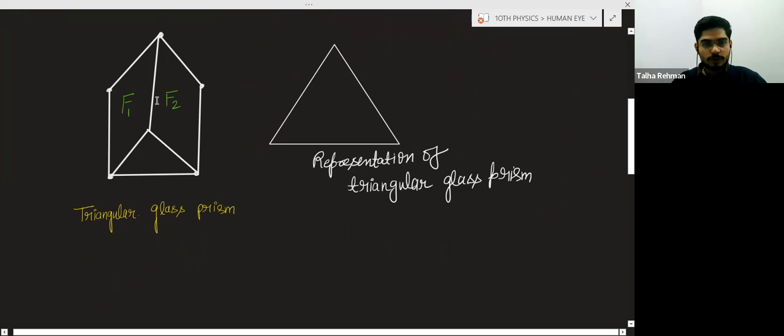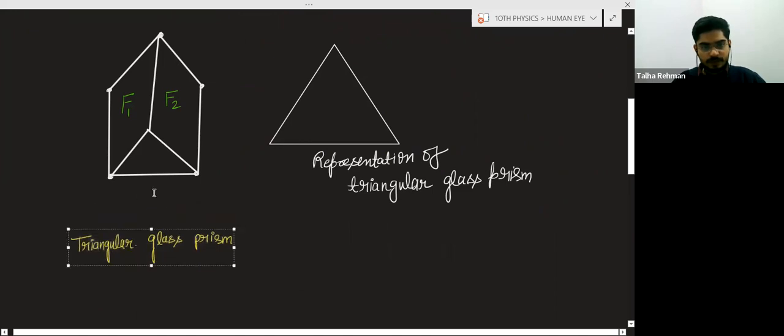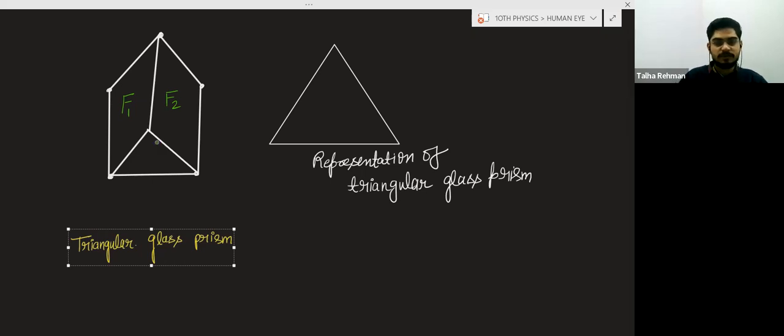So if you observe this glass prism from this position, it will look like a triangle. Basically, you can say this is the front view.